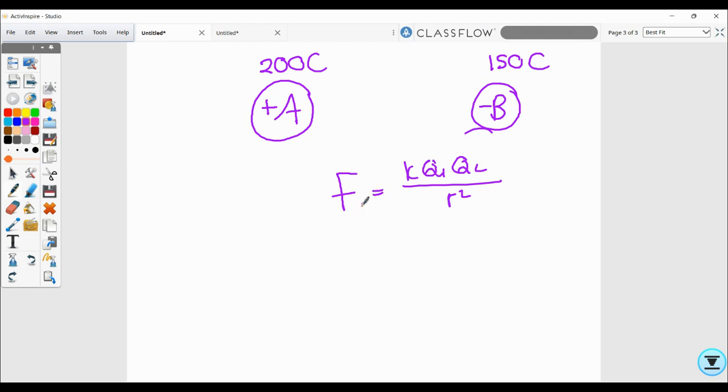Okay, so just remember F of A on B is equal to F of B on A. Same force, just in the opposite direction. Please remember that.